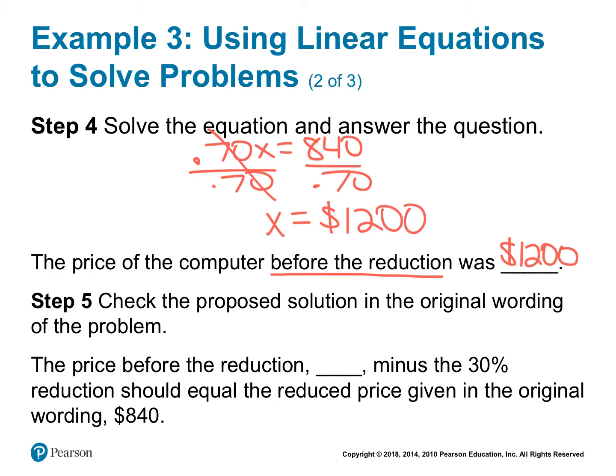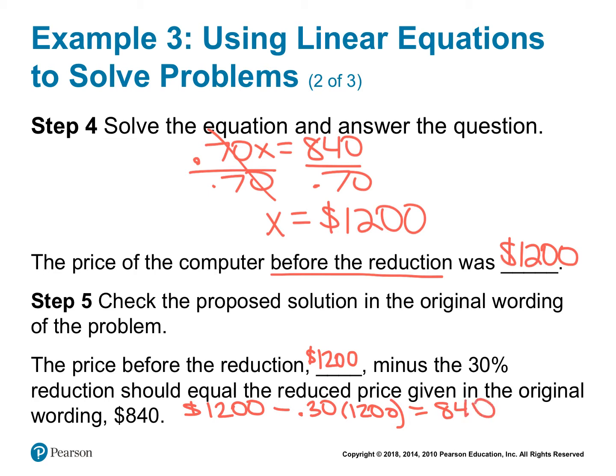So now we're going to check it again to make sure it makes sense. So the price before the reduction, $1,200, minus the 30% reduction should equal the reduced price in the original problem. So there's two ways you could do this. You could say 1,200 minus 30% of 1,200 should be $840.